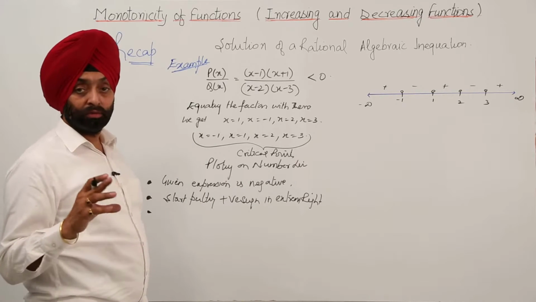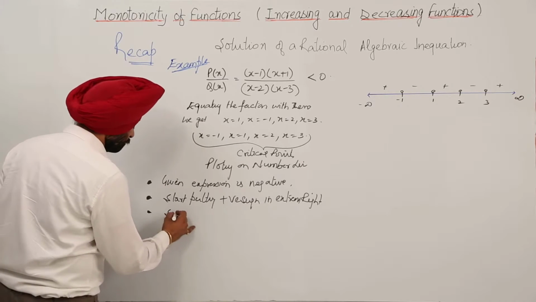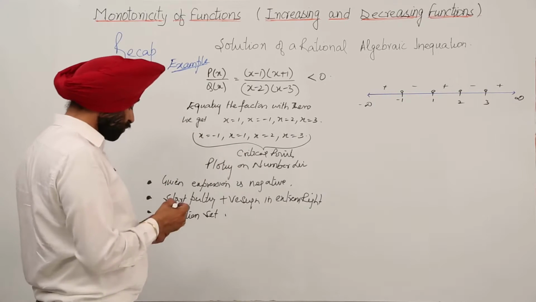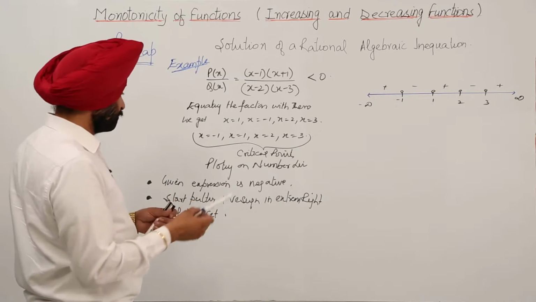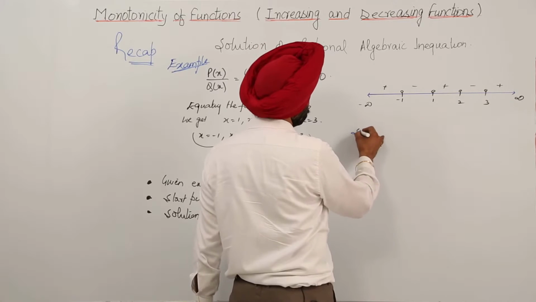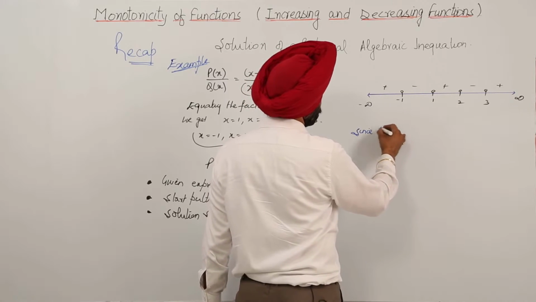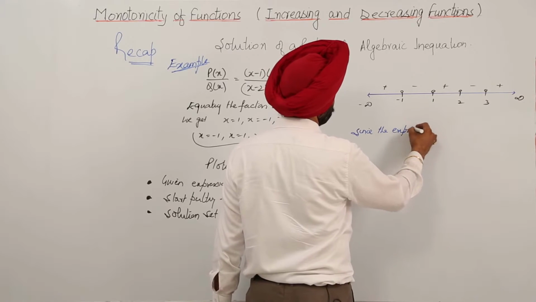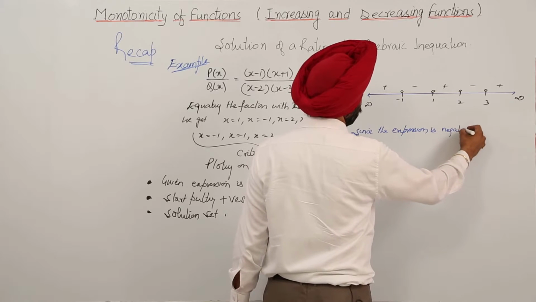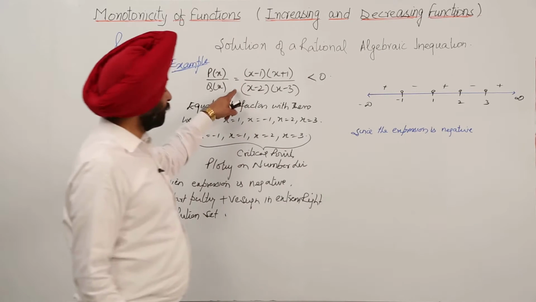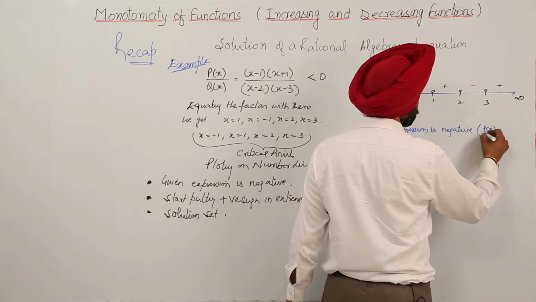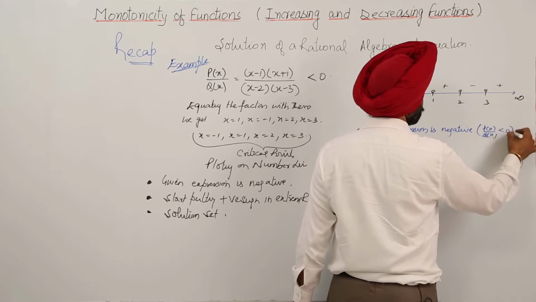Now what will be the solution set? For the solution set, let me write here, since the expression is negative. Now which expression? Given expression p(x) upon q(x). We can write it here. p(x) upon q(x) is less than 0.